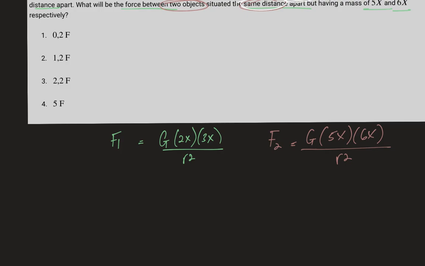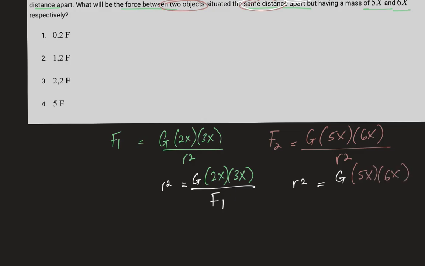So because they're the same distance, I can say that r squared here is equal to G 2x times 3x all divided by F1. And on the other side, I can say r squared is equal to G 5x times 6x all over F2. Right, that's my situation.